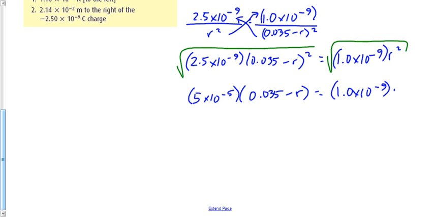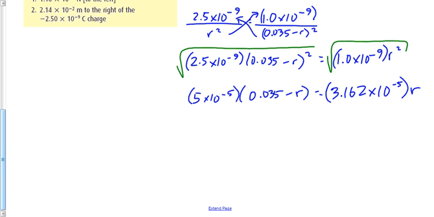Sorry, I've got to square root 1 times 10 to the minus 9, and I get 3.162 times 10 to the minus 5 times R. Look at this. Still a little bit ugly, but it's looking better every step along the way. Now what I want to do is distribute this 5 times 10 to the minus 5.